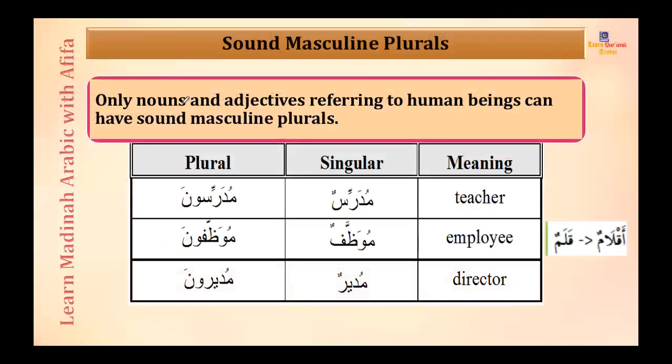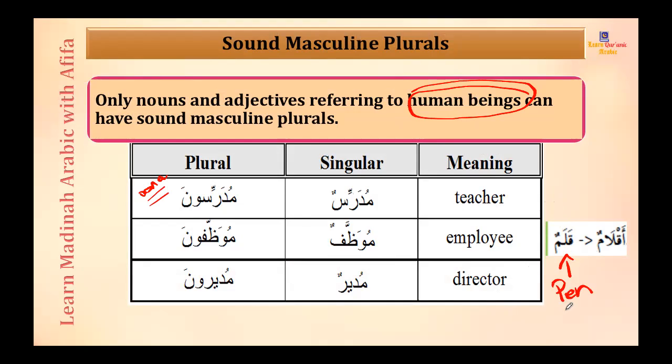So I just said that the nouns and adjectives for masculine plurals have to be human beings. So if you're looking at that una over here, it has to be humans. We're talking about humans: teacher, employee, director. Right? So if it's talking about an object, for example, pen is an object that's masculine, to make this plural, you're not going to say qalamuna.